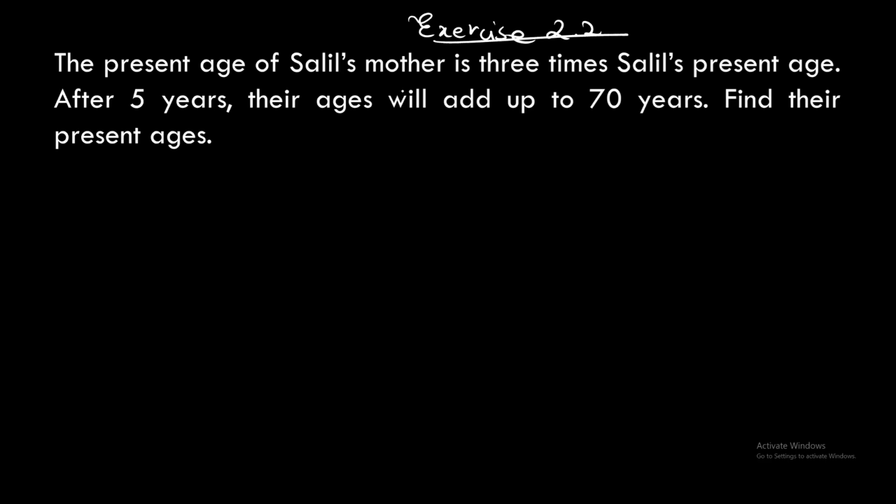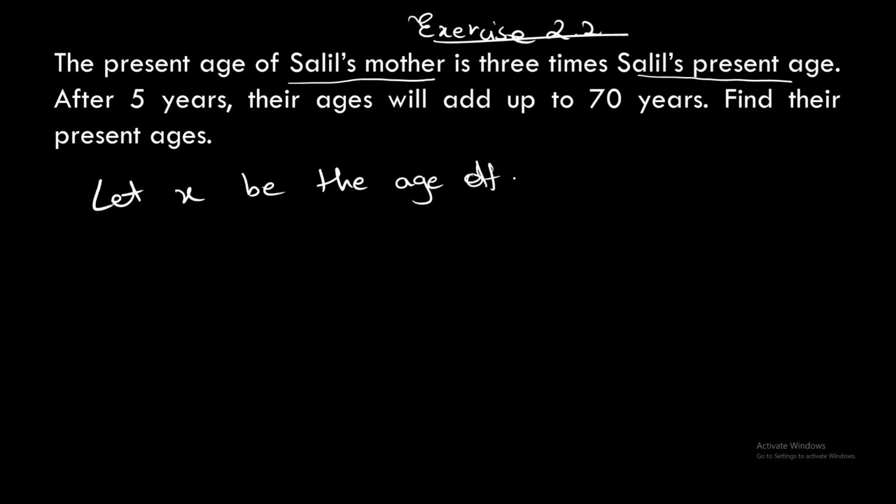The present age of Salil's mother is 3 times Salil's present age. So let x be the age of Salil, which means present.